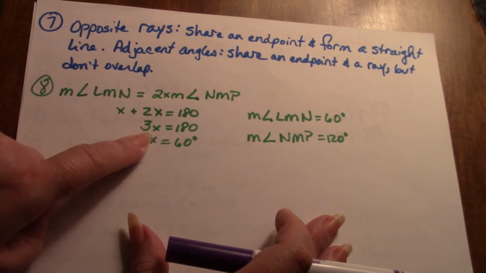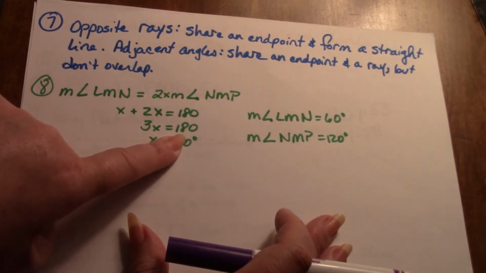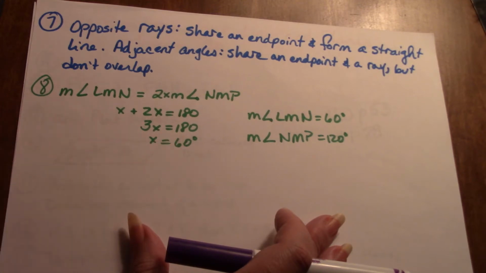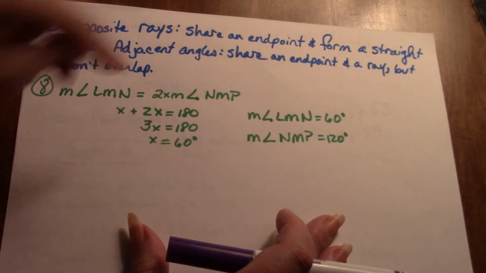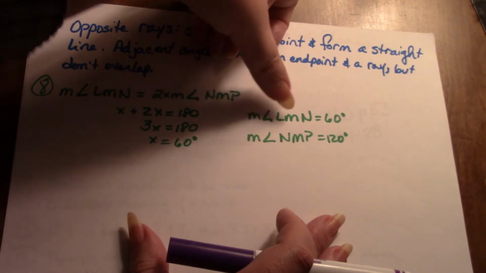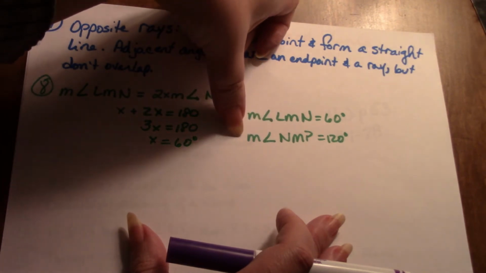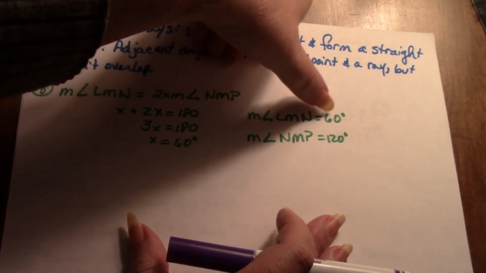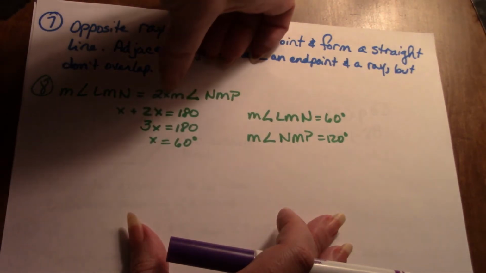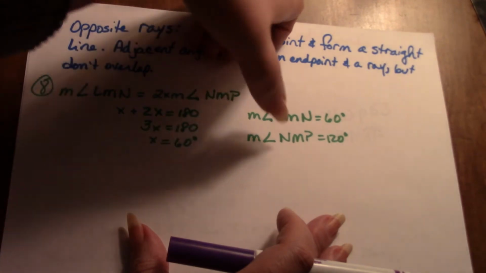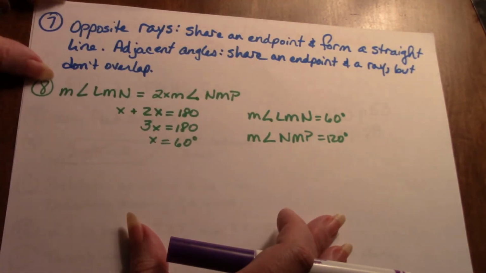So I end up with 3x equals 180. So x equals 60, which means the measure of the small one is 60 and the measure of the large one is 120. And you can see that 2 times the measure of the small one equals the measure of the big one.